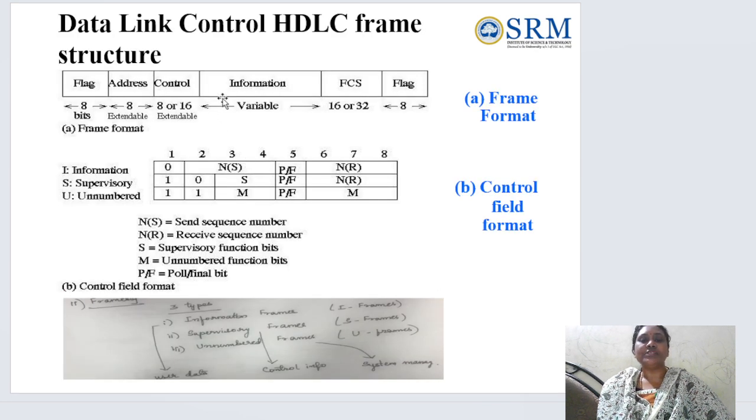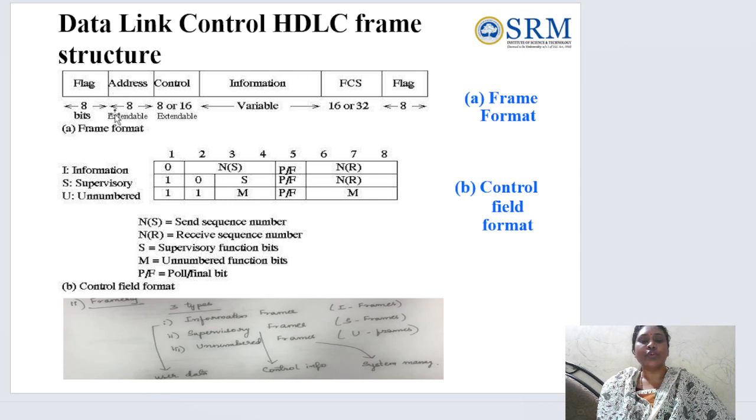The next one is the frame format structure and the control field format structure. For each frame, we allocate some size. This is the structure of the frame. First we allocate the flag, which handles 8 bits.